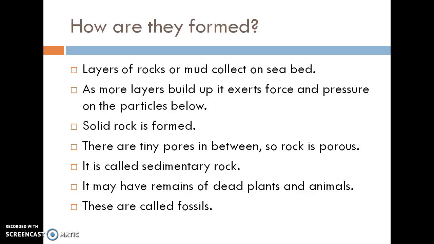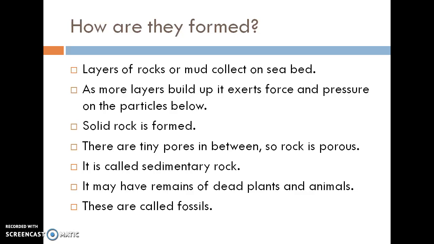But because it is due to the force and the pressure from external atmosphere, there are small tiny holes or pores in between these rocks, and therefore these rocks generally are porous. Porous means the water is able to flow through it. These rocks are known as sedimentary rocks.